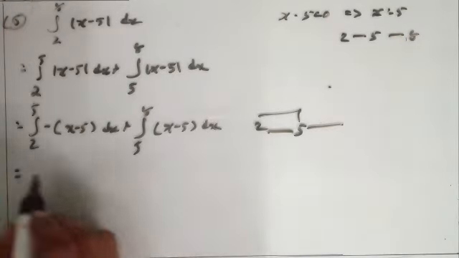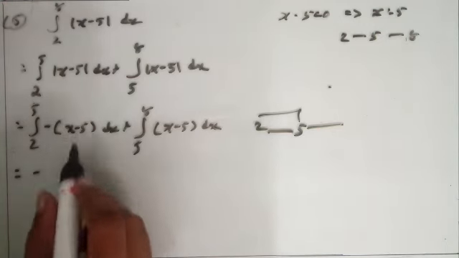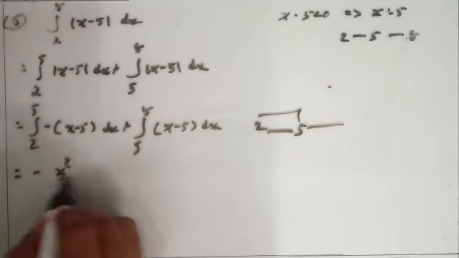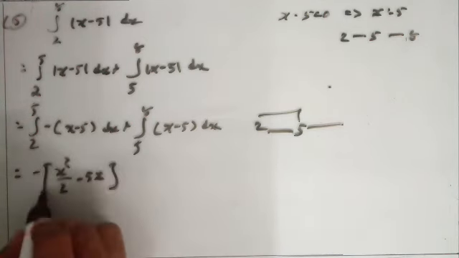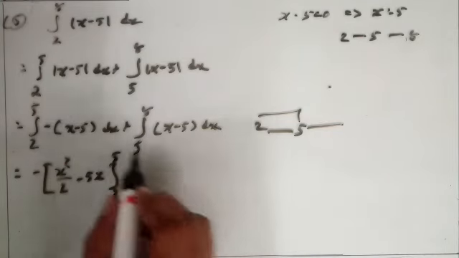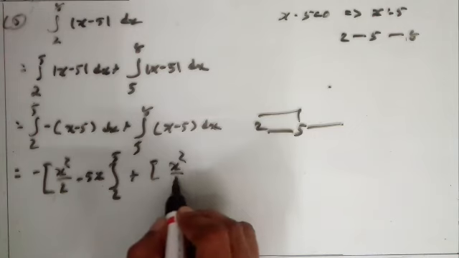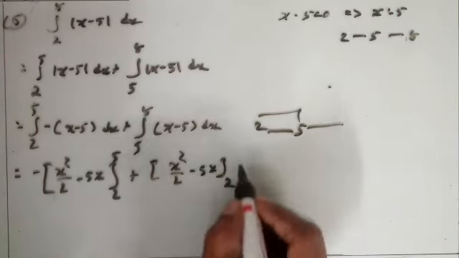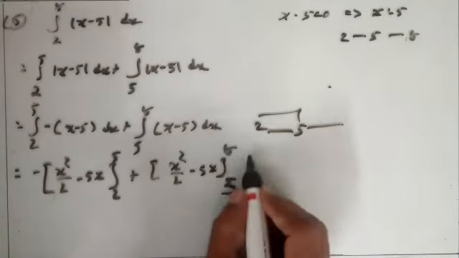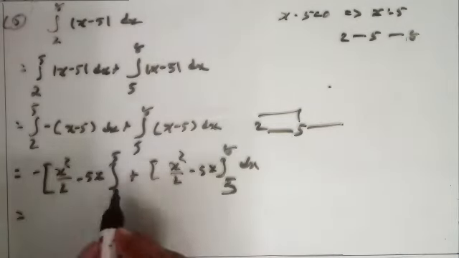Okay, now integration. The integration of x minus 5 is x square upon 2 minus 5x, with limit 2 to 5, plus the same x square upon 2 minus 5x with limit 5 to 8. Now simplify this, f(b) minus f(a).